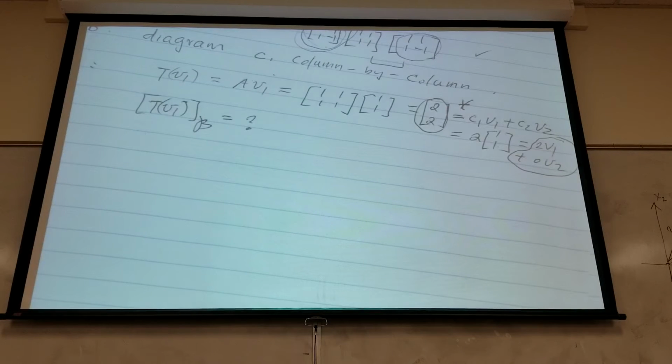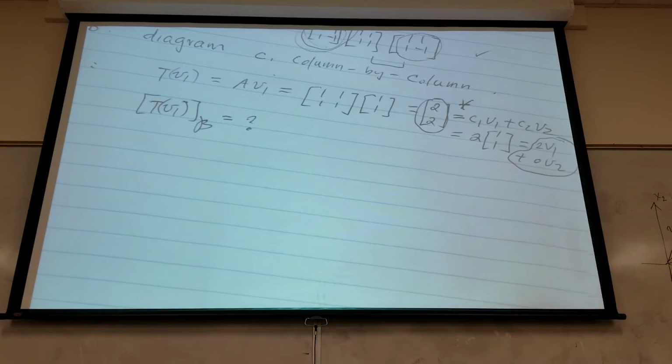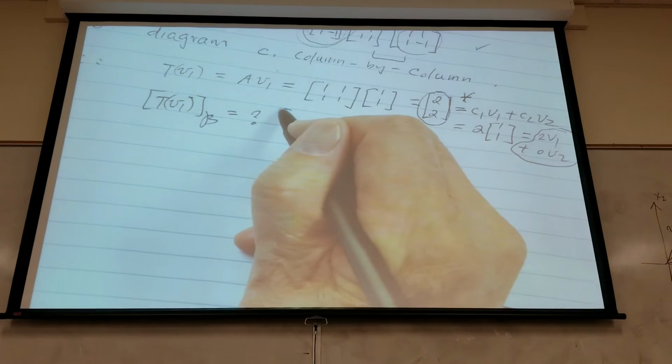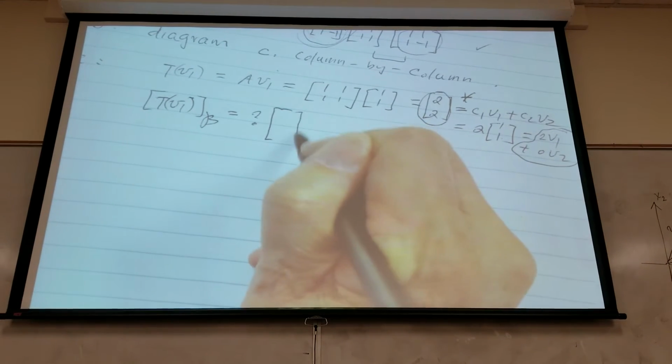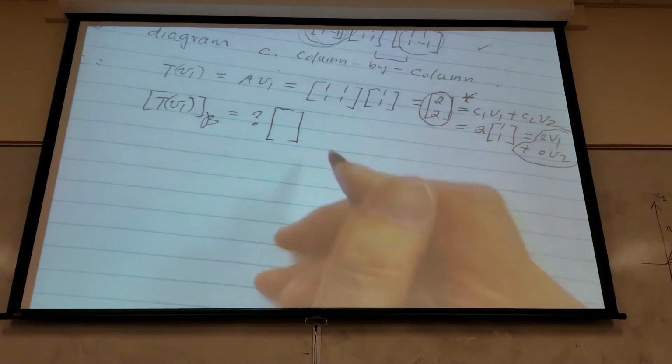Why do I need 0V2? Because I need C1V1 and C2V2, right? No V2 means 0V2. So now I have the coordinate. Can someone tell me what that is? 2, 0. Yes.